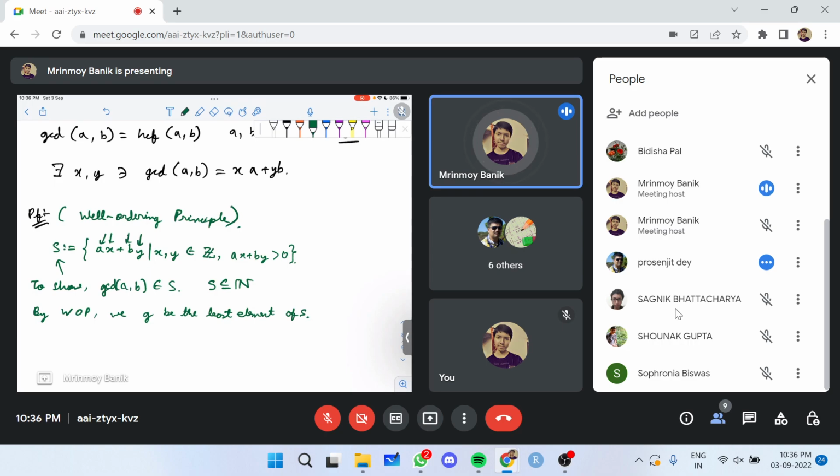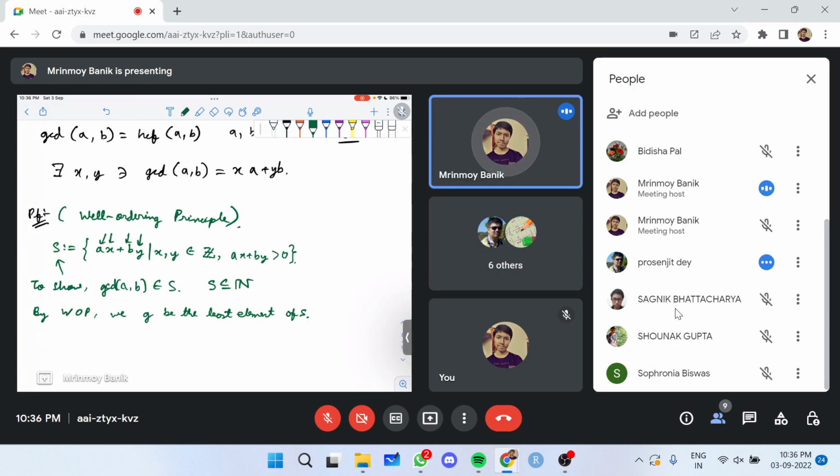See the definition of S. It says all the numbers of the form ax plus by, and we have not yet fixed a and b. So you have to give them in terms of a and b, obviously. You can see one number that is independent of a and b, and that is zero, but ax plus by is greater than zero.